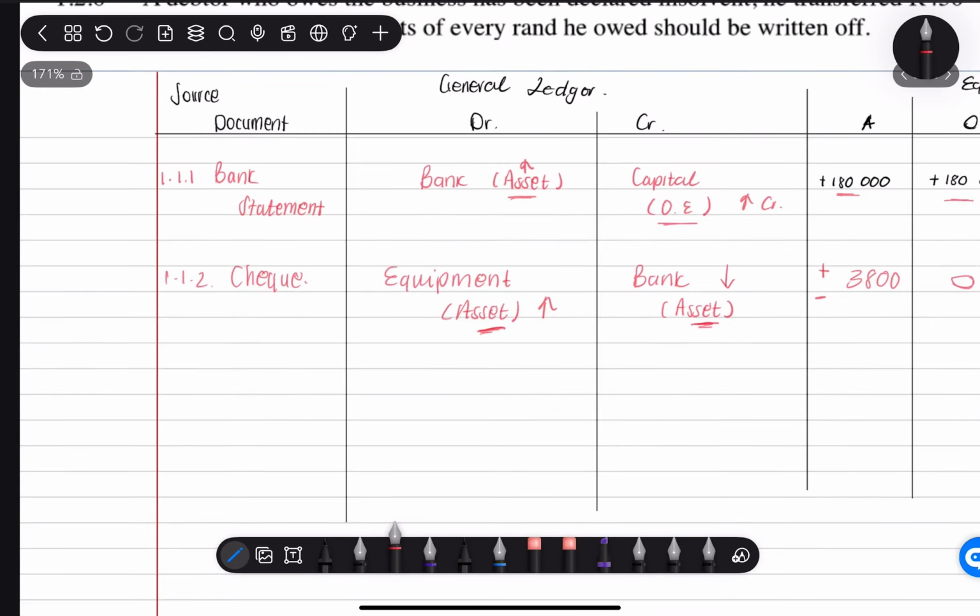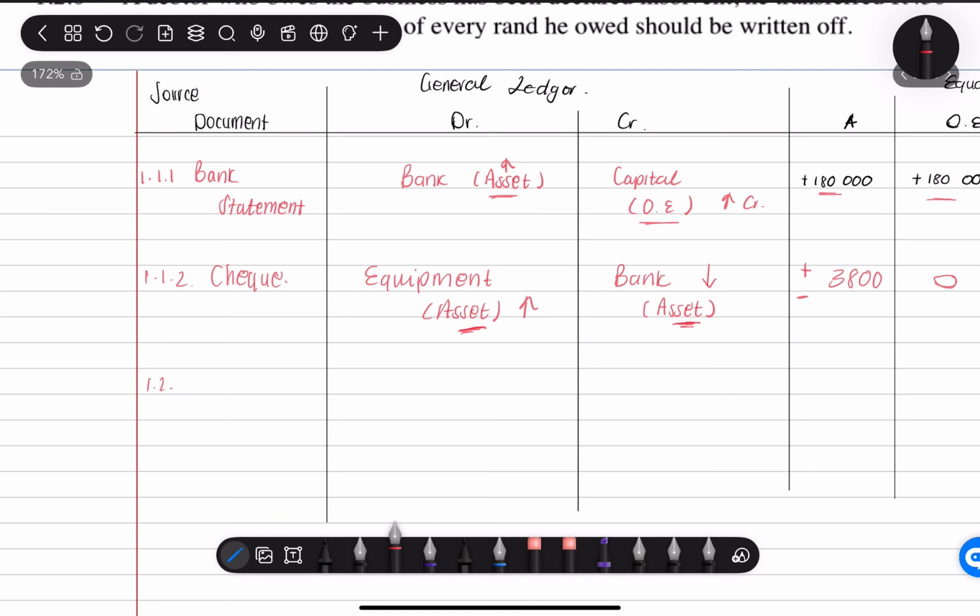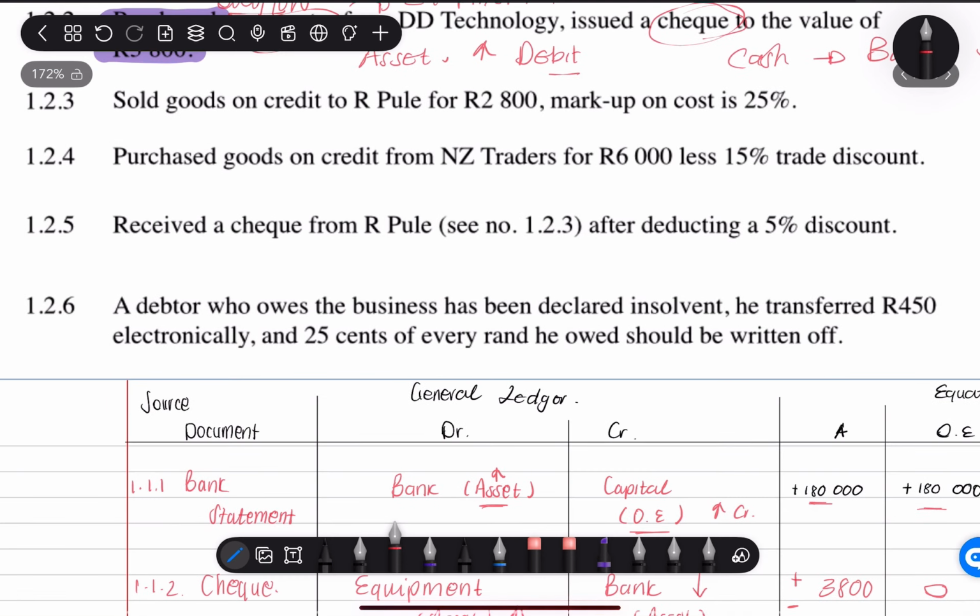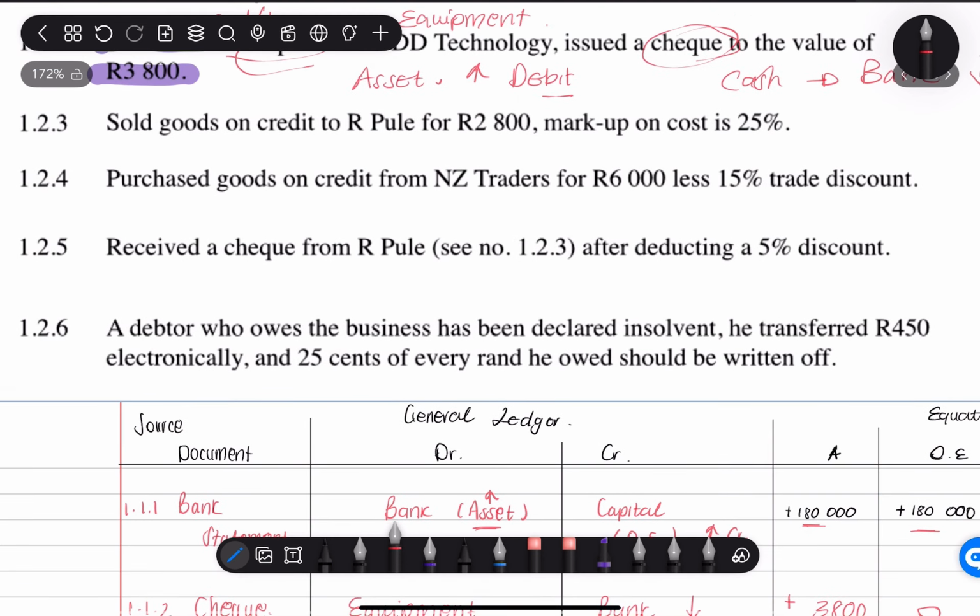1.2.3. We're told that we sold goods on credit to our customer Pule for 2,800, markup on cost of 25%. So we sold goods on credit.